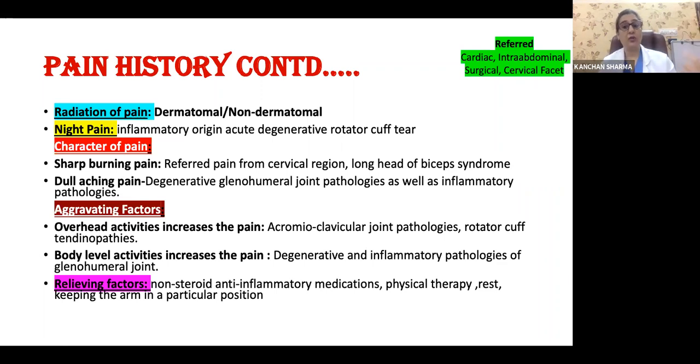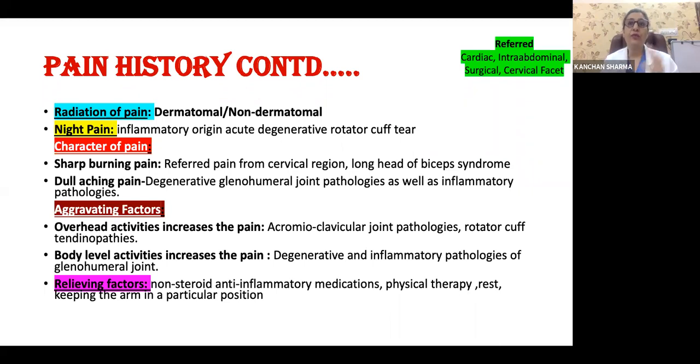If you have a tenosynovitis of your biceps tendon, that time also in shoulder pathology, they have found the character of the pain to be like a sharp burning pain. So if the patient says, I'm having something like a sharp burning pain, just do not think of cervical pathology. It could be a tenosynovitis of your biceps tendon.